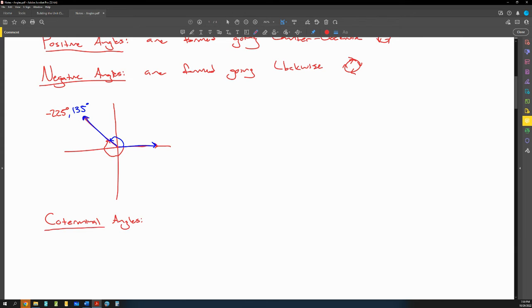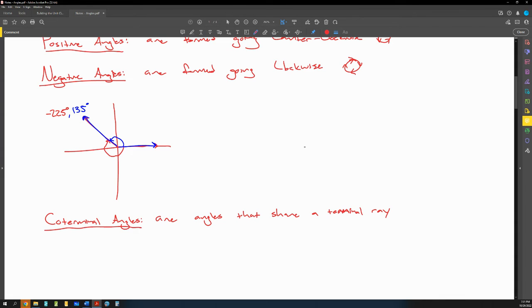So coterminal angles are two angles that end up in the same spot. More formally, they are angles that share a terminal ray. Okay? So two angles that share a terminal ray. They end up in the same spot.